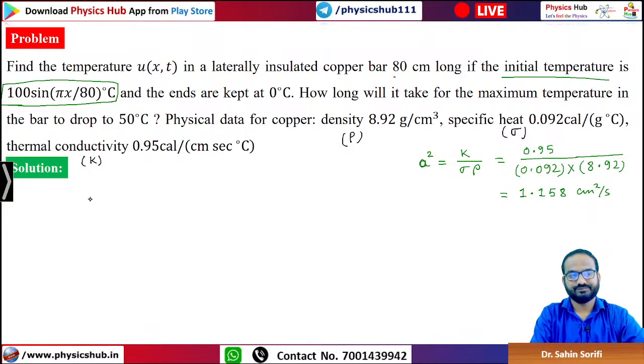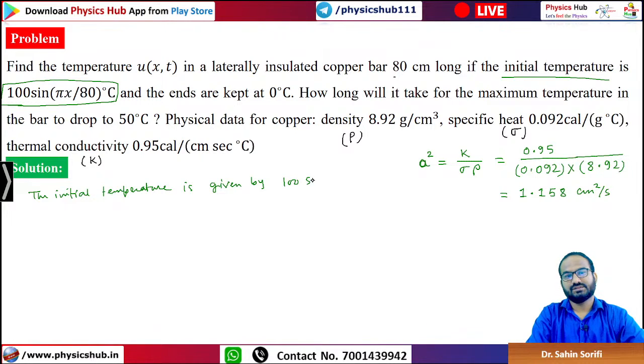It means the initial temperature is given by 100 sin pi x by 80 degree centigrade. This represents the temperature at some point x at time t.